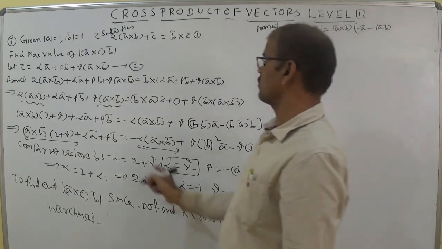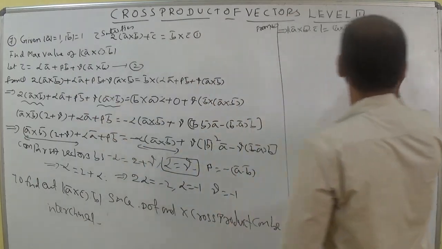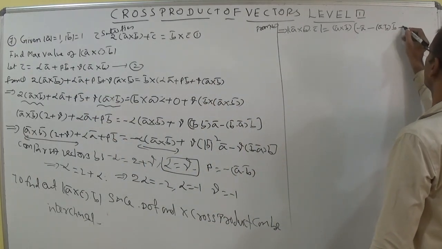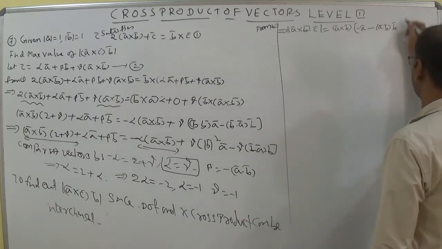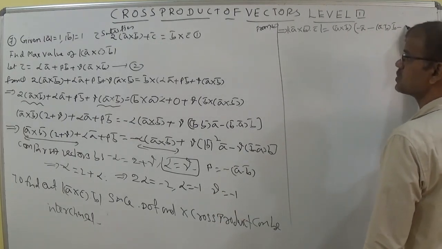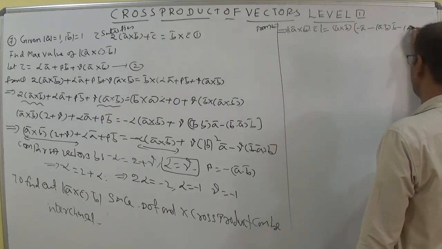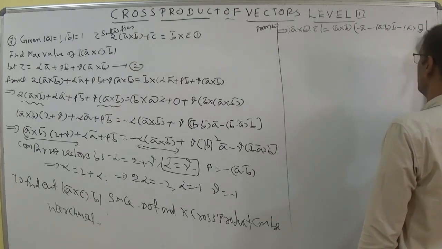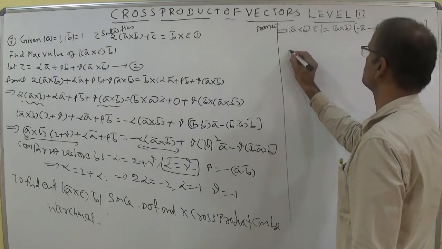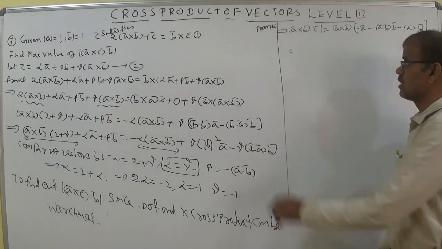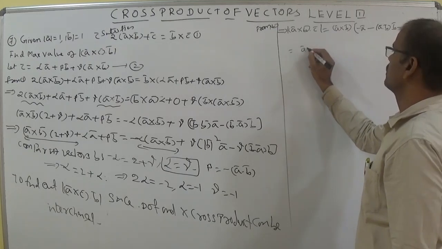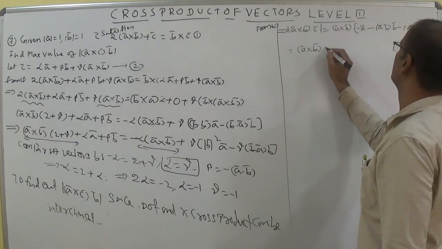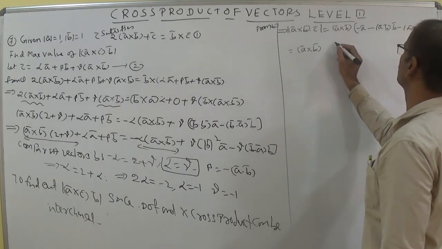Next, into B bar. Beta B bar into B bar plus gamma. Gamma value is minus 1, minus into A cross B is there. That is equal to, now we are discussing the value modulus of A cross B into C. Here A cross B into minus A we can do.